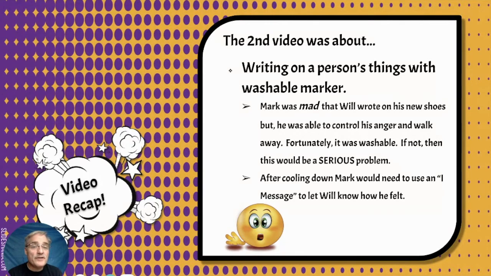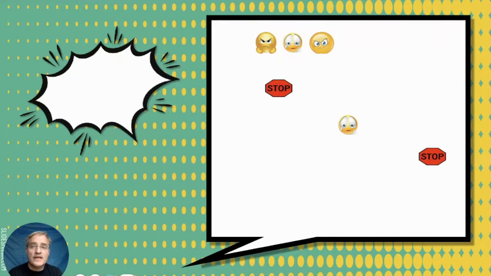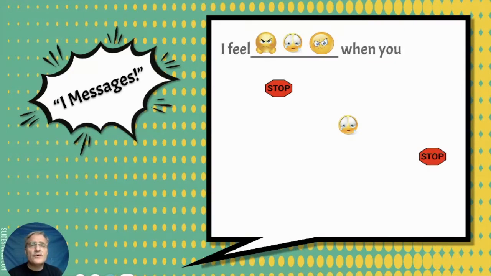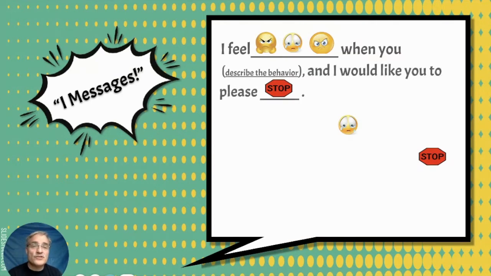After cooling down, Mark would need to use an I-message to let Will know how he felt. Now, you might be wondering, what's an I-message? So, an I-message, you state how you feel when someone does a certain behavior. So, I feel frustrated, sad, mad, worried when you write on my shoes.